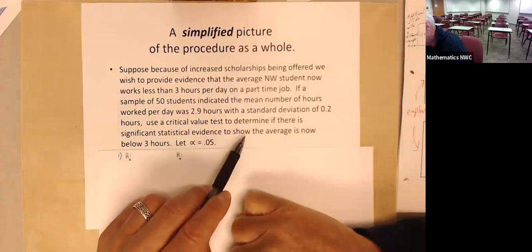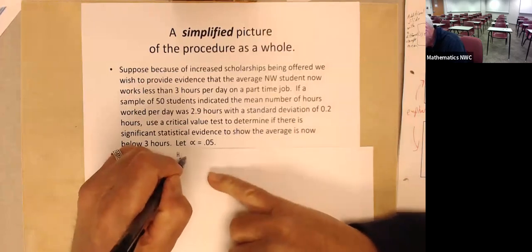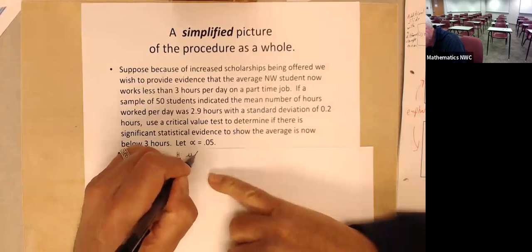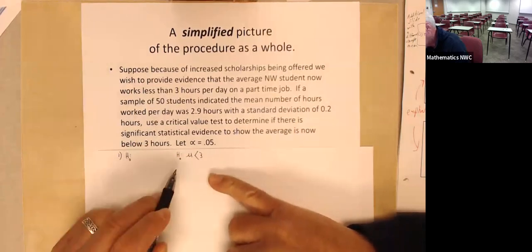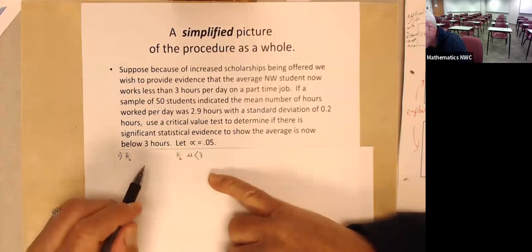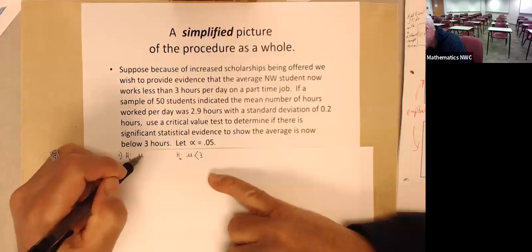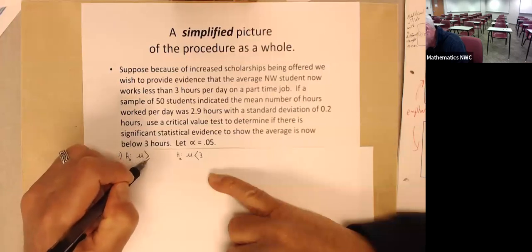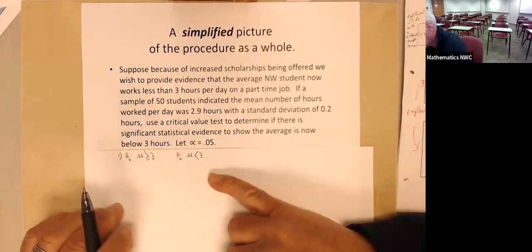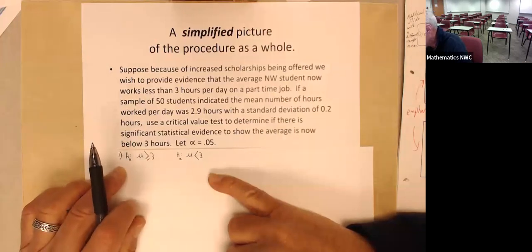I'm hoping to show the average is below 3. So I'm hoping to show that the mean is less than 3. That's my alternative, H sub A. The null then has to be the opposite, which would mean that the mean is greater than or equal to 3. There's my step number 1.